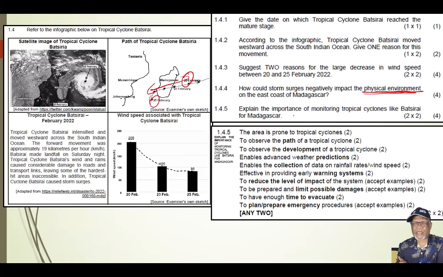Now the question is, explain the importance of monitoring tropical cyclone. Why is it important to monitor tropical cyclone? Because the area is prone to tropical cyclone, to observe the path and know the strength, to observe the development of a tropical cyclone so that it enables advanced predictions, enables correction of data, effective providing of a warning system to reduce the level of impact of the system, to prepare and limit possible damages, to have enough time to evacuate, to plan, a number of reasons.